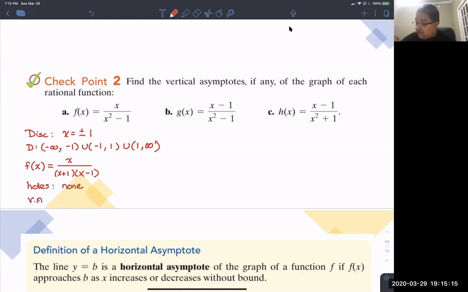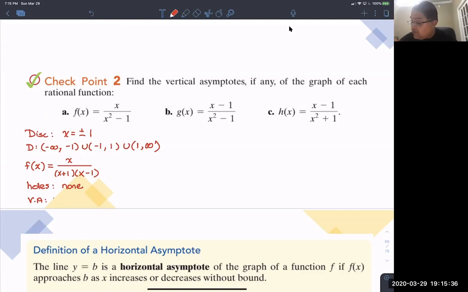And vertical asymptotes, remember, a vertical asymptote is a vertical line along which the graph will not touch. It's where, as x approaches these numbers, f of x goes to negative infinity or infinity, depending on which way you're approaching these numbers.